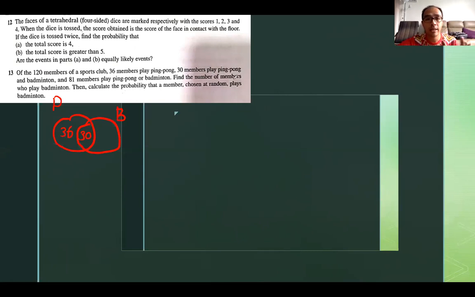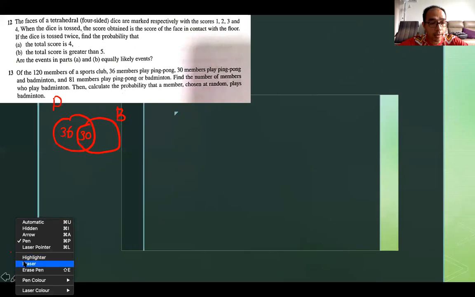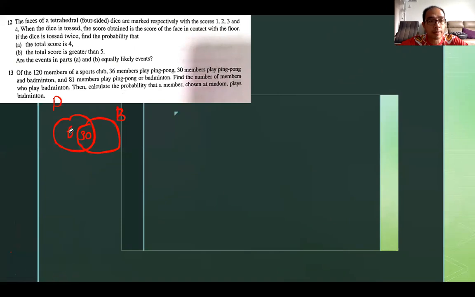Oh, sorry. Actually, my mistake. This one is not correct. This 36 is wrong. If there are 36 members that play ping pong, this set here has 36 people altogether.